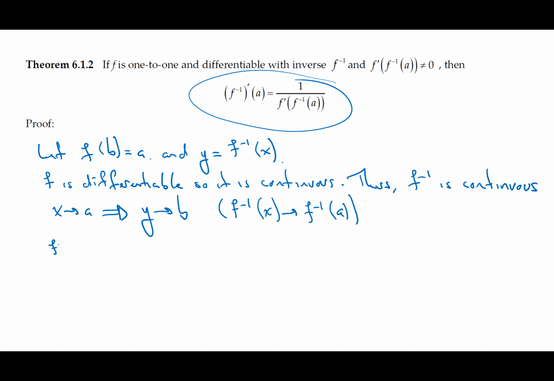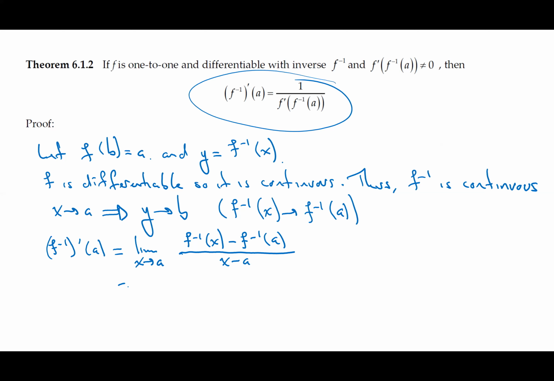So f inverse prime of a. We know the limit definition of the derivative, right? The limit of f inverse of x minus f inverse of a all over x minus a.